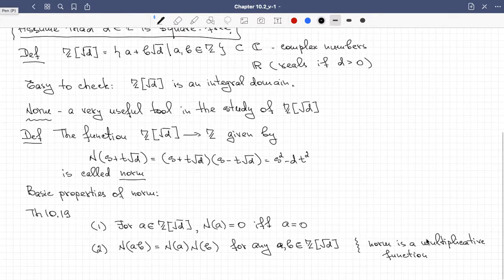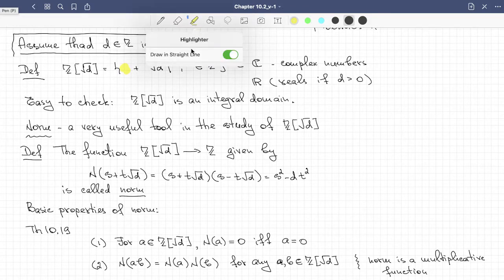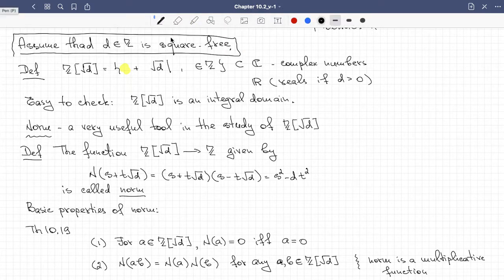Let me change slightly notations here. I will typically write S and T, not A and B, so let me change it in the first definition as well. I will write A and B for elements of the ring, and typically S and T for the coefficients, for these two integers.